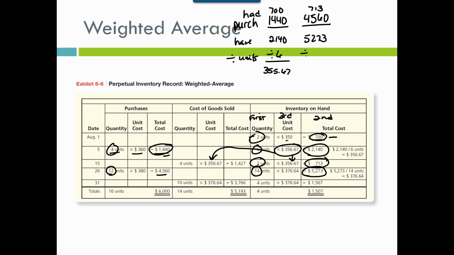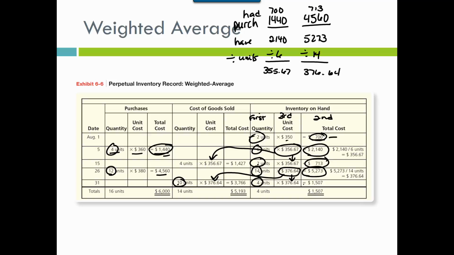So $52.73 total divided by 14 units gives me an average of $376.64. So the next time I make a sale of 10 units, this is the number that I plug in here. And I had 14 units. I sold 10, so I have 4 left, and I just use that same $376.64.